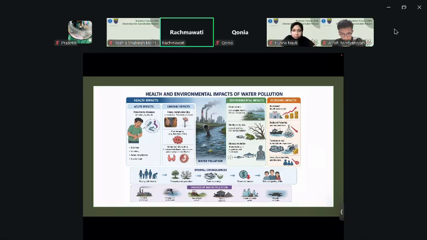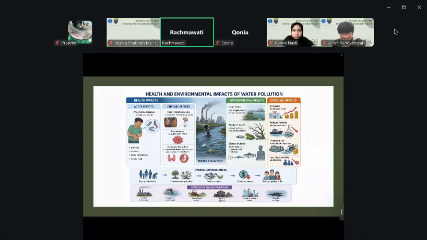Maybe some of the species are no longer present, and there could be habitat degradation. And also, the water pollutants might be consumed by other organisms. For example, maybe we eat fish in which this fish ate the water pollutant. And we also don't want that.